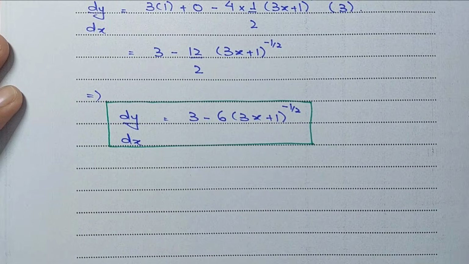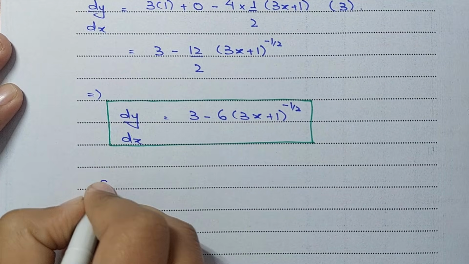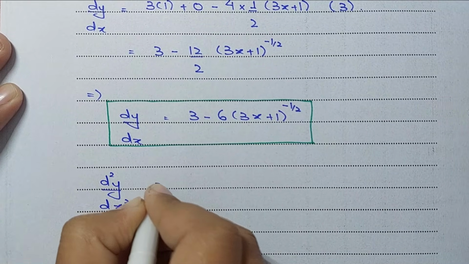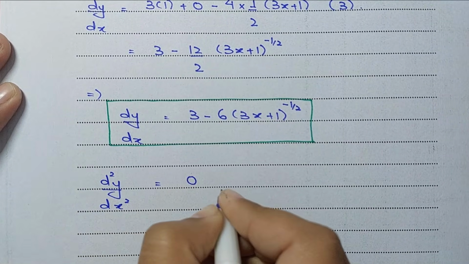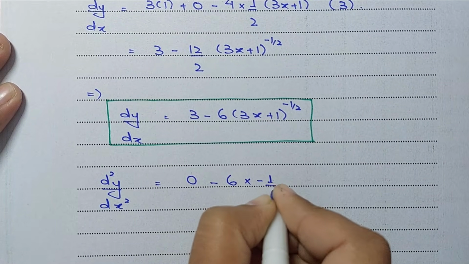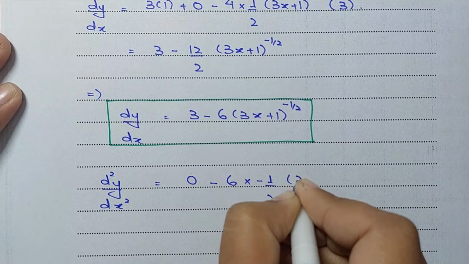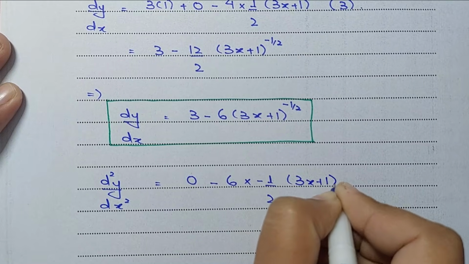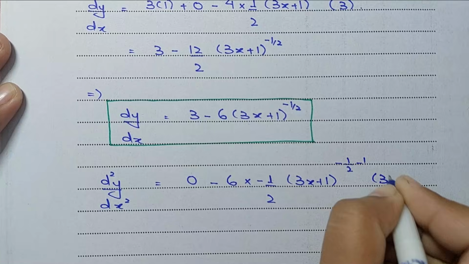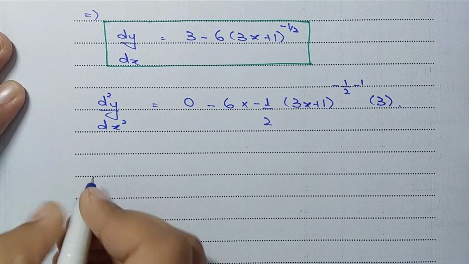Now we need to figure out the second derivative. d2y over dx squared: 3 is a constant term, its derivative is 0, minus 6. Now applying the power rule, minus 1 by 2, power base function, now power minus 1, and the derivative of the base function is just 3, right?